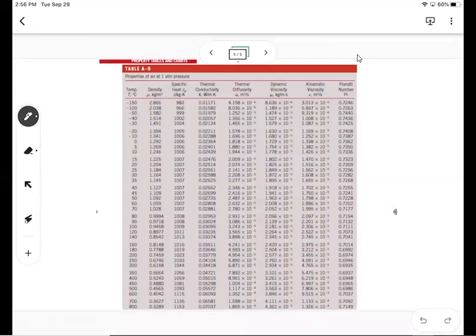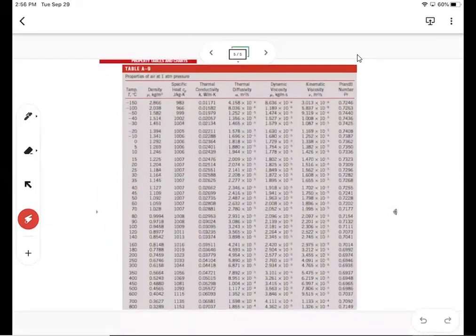You need to find the mean temperature first, the mean temperature of the hot air going through the pipe. Suppose the temperature is, for example, 40 degrees Celsius.